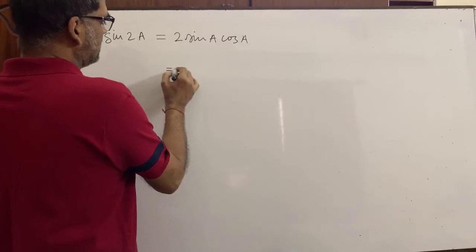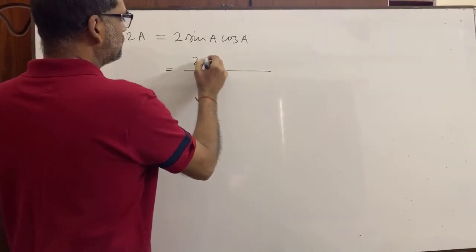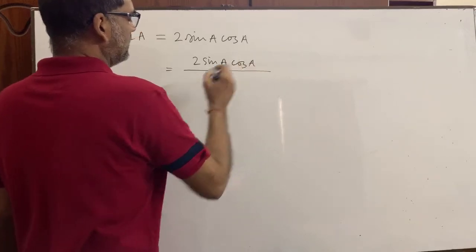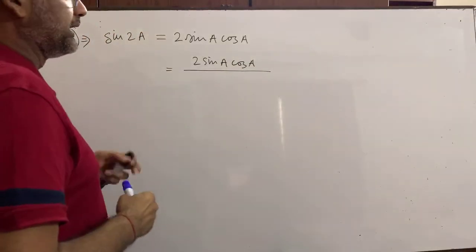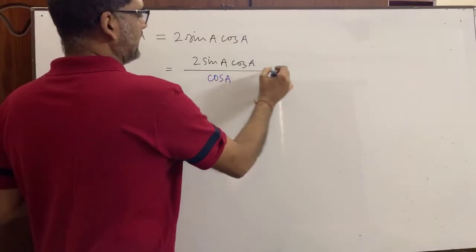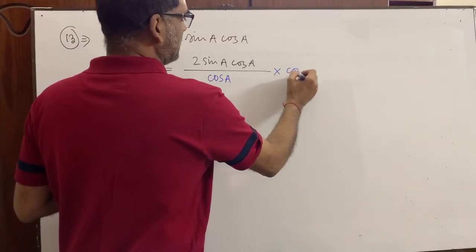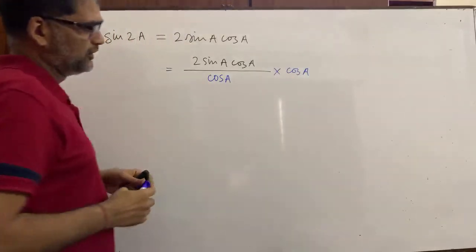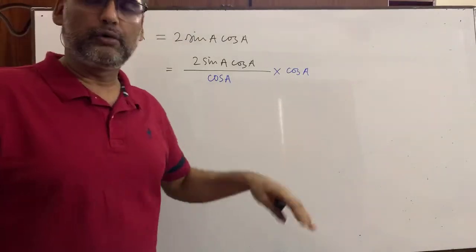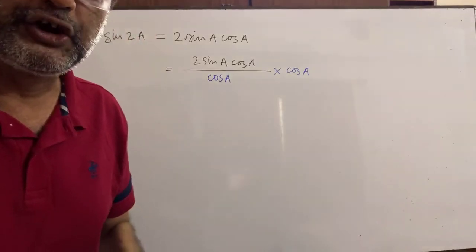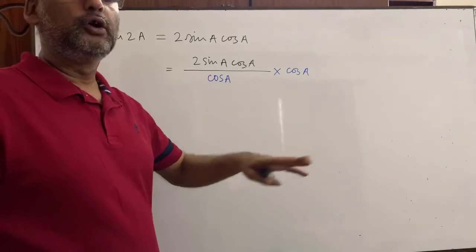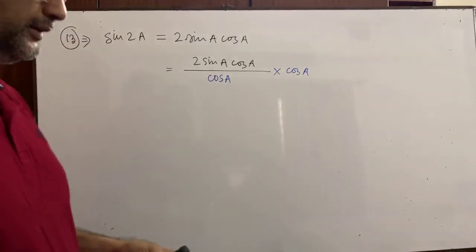You see what I am doing? 2 sin a cos a. I will divide it by cosine a, as well as I have to multiply it by cosine a, so that cosine a and cosine a are cancelled from both the numerator and denominator. Have you got me? That's good.